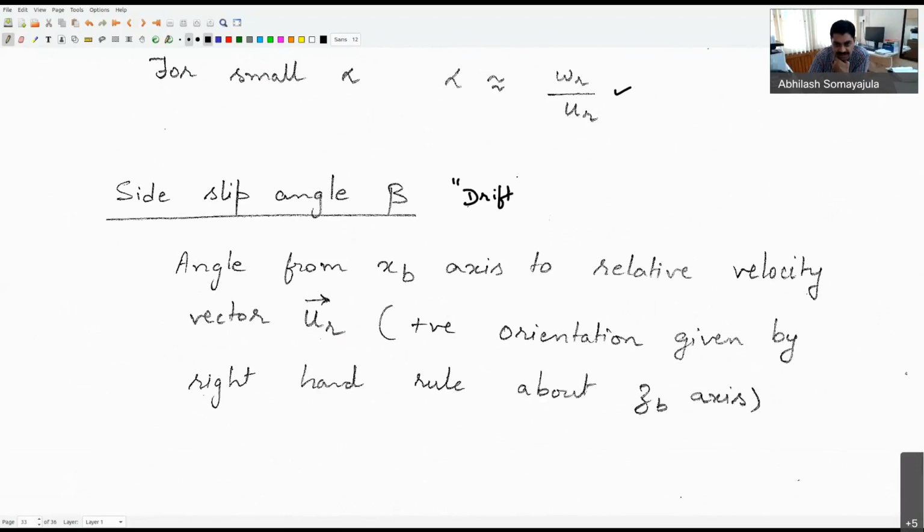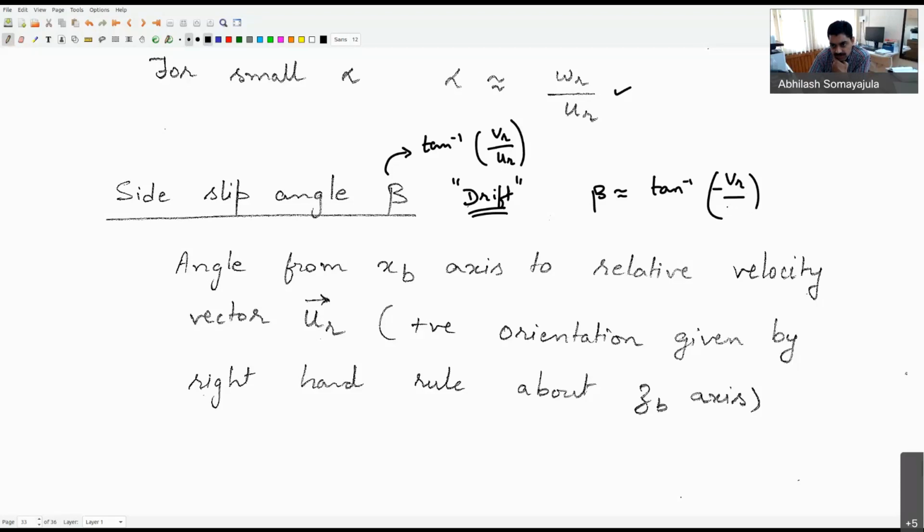Now, in typical naval architecture terms, drift is defined as tan inverse of minus V by U, whereas the side slip angle beta is represented as tan inverse of V by U. Or, if we want to be precise, we should write VR by UR.